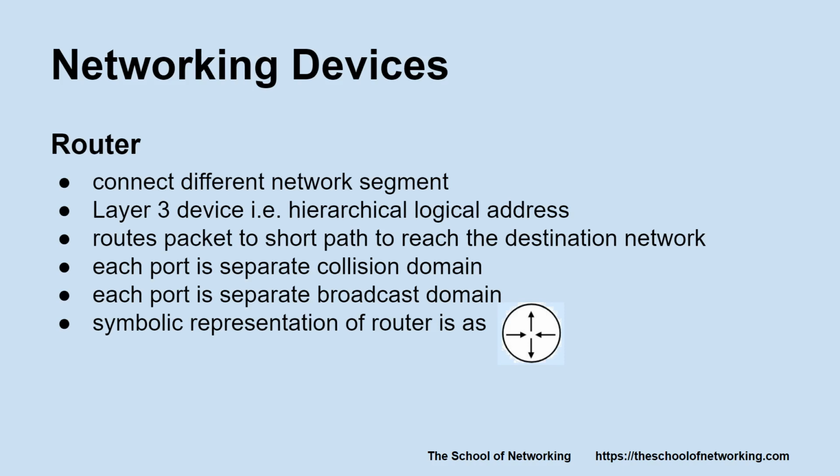It is a layer 3 device with a logical address which supports hierarchical logical addressing, that is IPv4 address, IPv6 address, and the router's task was to provide the shortest path to reach the destination. Each port is a separate collision domain and a separate broadcast domain, and symbolically it is represented with a circle with two arrows outside and two arrows inside.